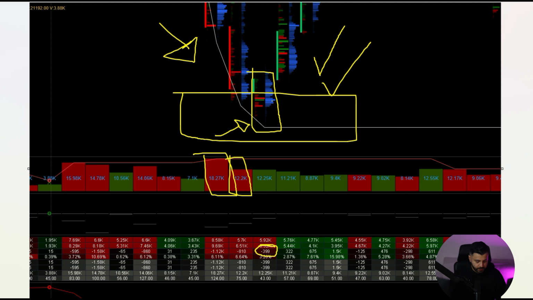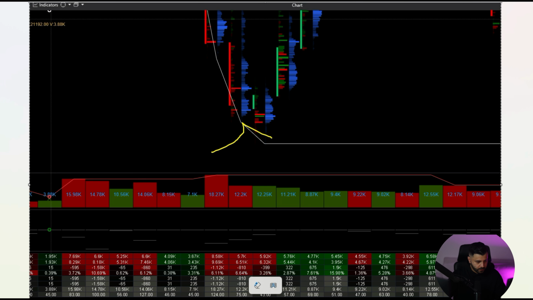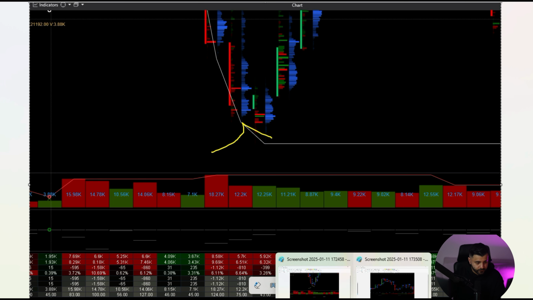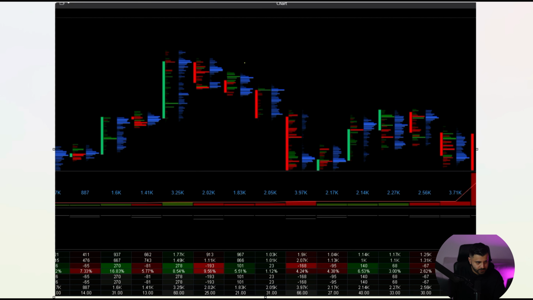Now I want to show you another example, one from a possible short setup. Okay, so again we have this candle specifically. All right, we can see that the delta is positive, but the candle is actually a negative candle with positive delta.